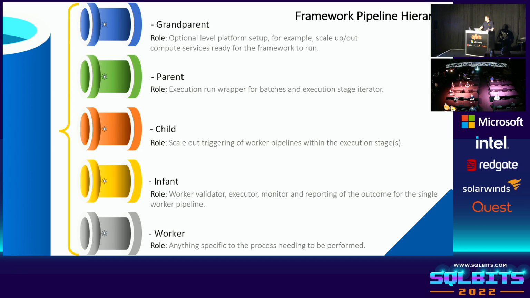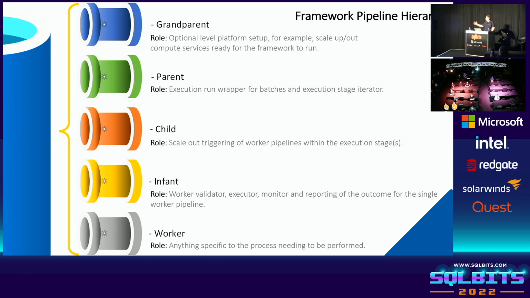Then the hierarchy of my other pipelines, blue, green, orange, and yellow, I've got the grandparent in there as a bit of an optional one as well, but included for completeness. So what I like to do in the grandparent pipeline is set up the Azure environment. Depending on what you want to do with it, maybe you want to start a cluster, scale up a service, get something turned on.